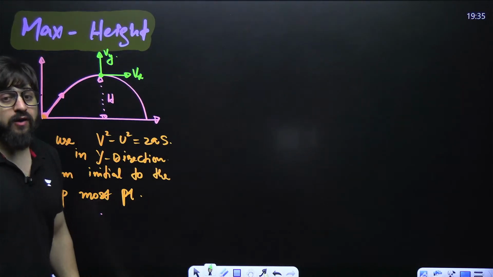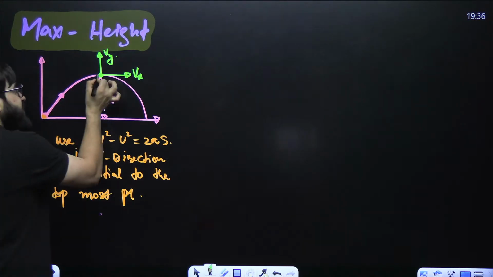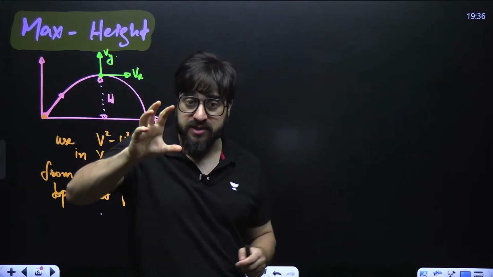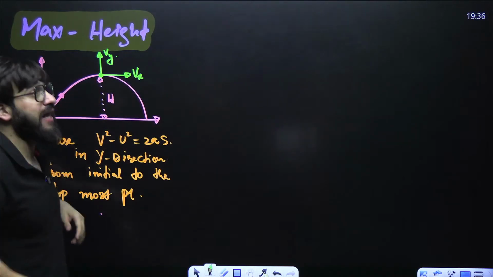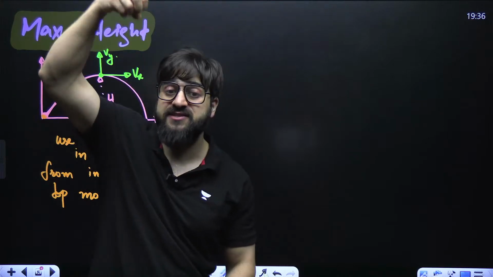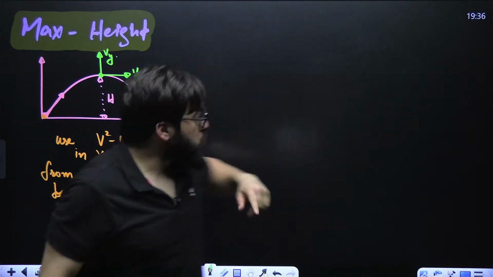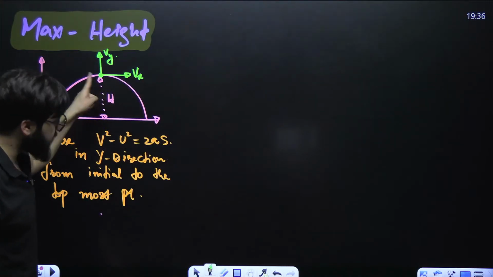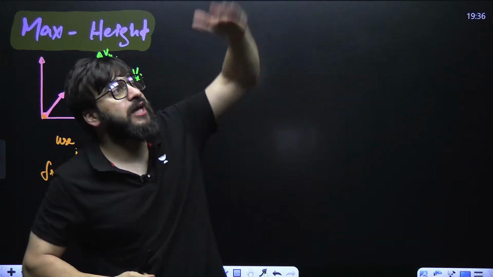Why, sir? Let me just tell you why. Vertical velocity is that velocity which takes the projectile in the vertical direction, which takes it up. Horizontal velocity takes it forward. So if the vertical velocity becomes 0 here, then only it will start falling back. If it is not 0, it will keep on going up.